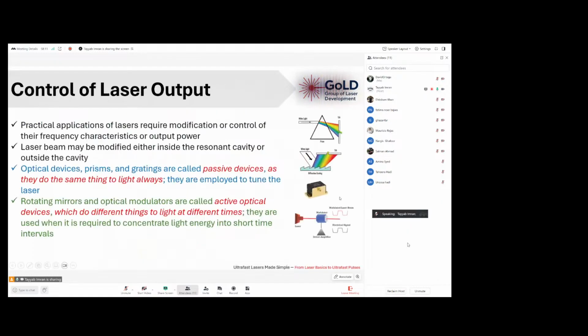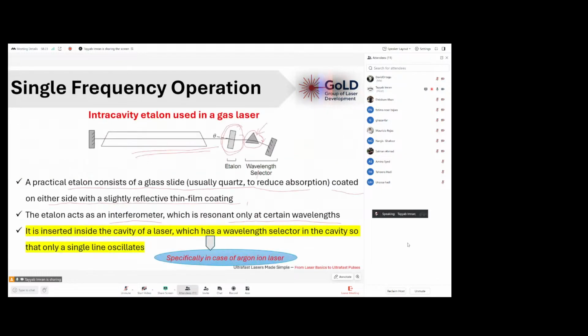Now we move to the next topic, the control of laser output. Like I just showed you one setup that has a prism here. That prism is controlling the wavelength at the output.